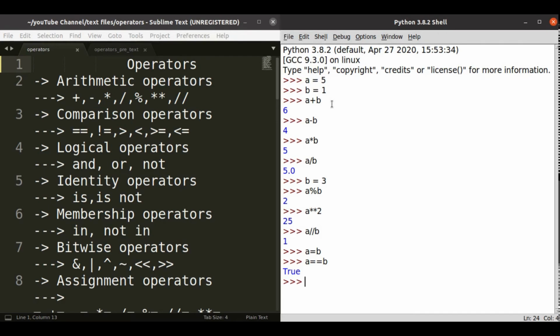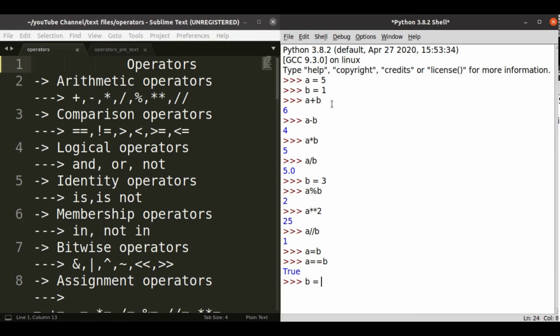The left side variable A is assigned with the value of B. If A double equal to B, which is a comparison operator, it says whether A equals B or not. Here I assigned B to A, so whenever we compare A with B, you get a true value.